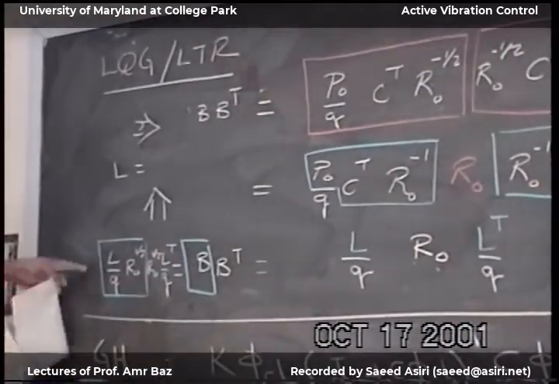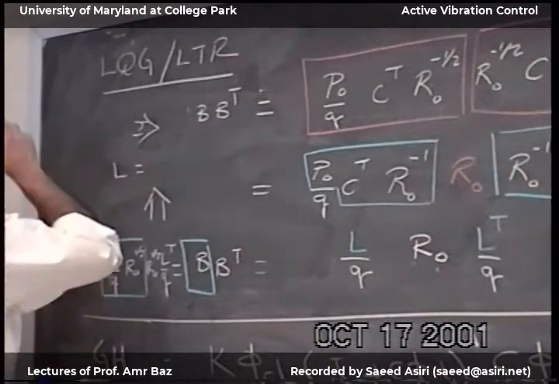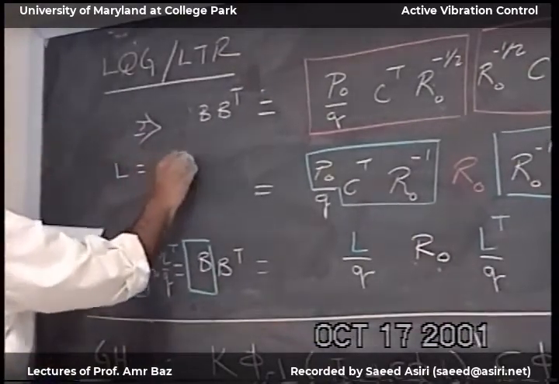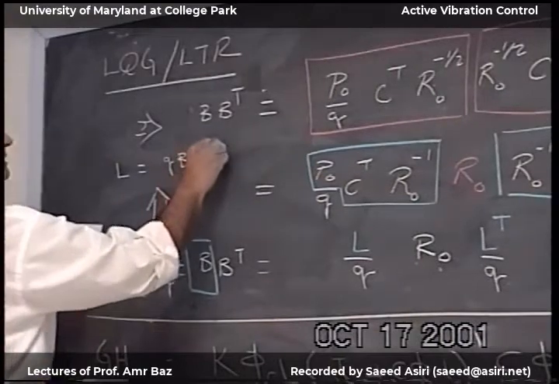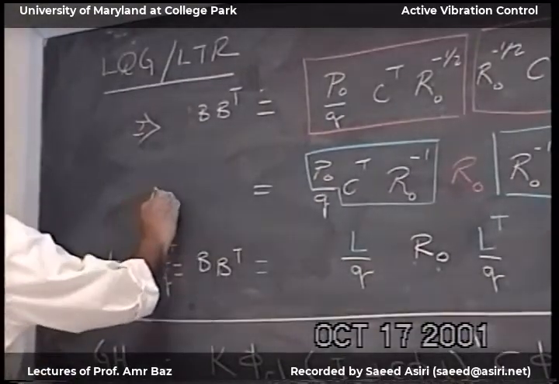So from here L0 will equal to Q B and R0.